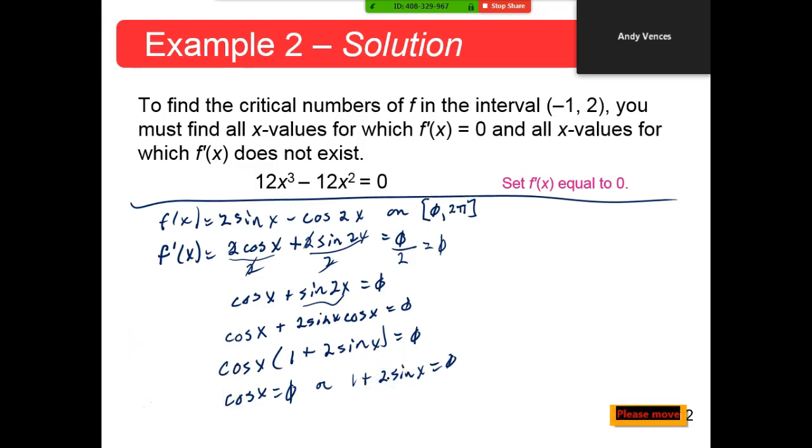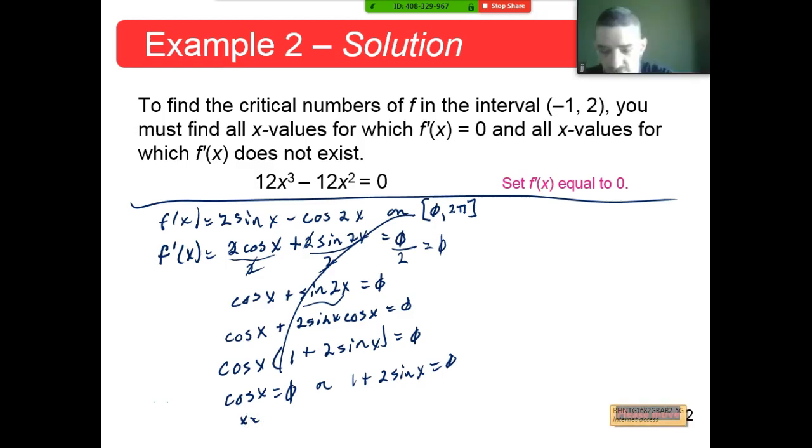All right. On the first one, on the interval 0 to 2 pi, what values of x in that interval will make the cosine equal to 0? Oh, man, we have to know our trig functions? It's too much to ask.